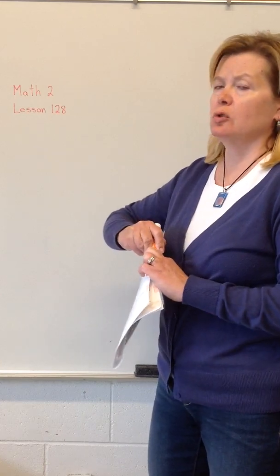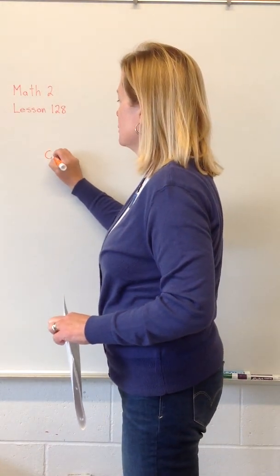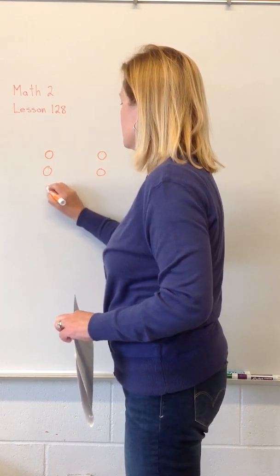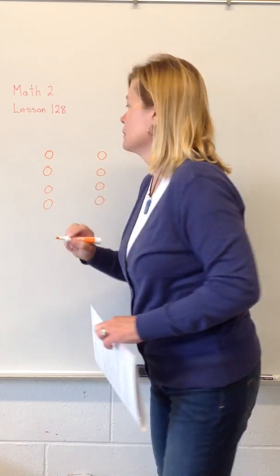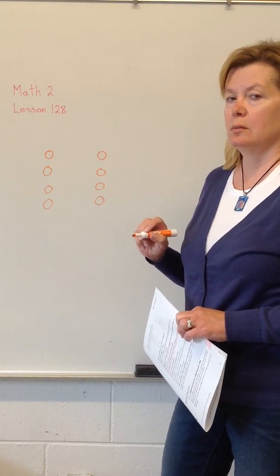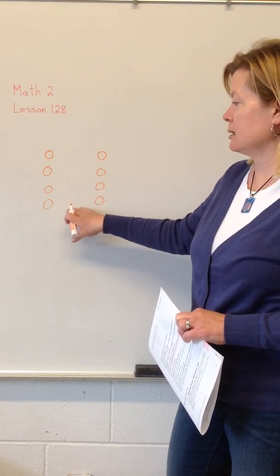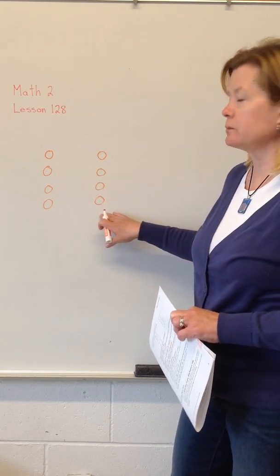So I'm just going to use circles to show the children. Are the teams equal? And I have 8, don't I? 2, 4, 6, 8. So it means that there will be 4 children on each team.